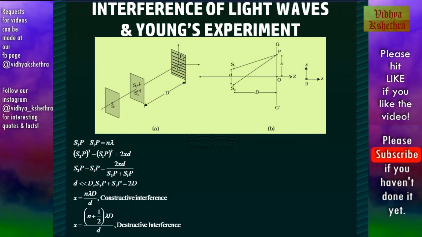Now, in the case of destructive interference, that is S2P minus S1P is equal to (n plus 1 by 2) lambda, we get x, the displacement, equal to (n plus 1 by 2) lambda D by small d.